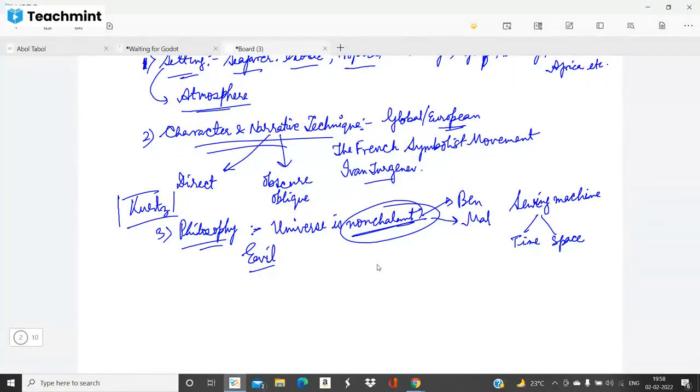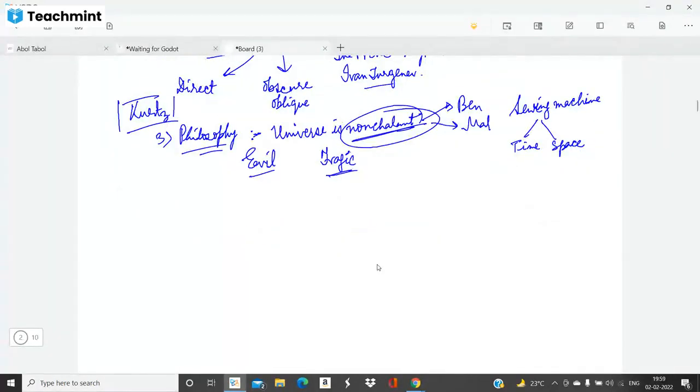That is, man desperately tries to create order among the disorder of the universe, because otherwise there is no order in the universe, and therefore the universe is neither optimistic nor pessimistic, it is just nonchalant to the pleas of man. And therefore many people have called him pessimistic, but I personally feel that his concept of life is a bit tragic rather than pessimistic.